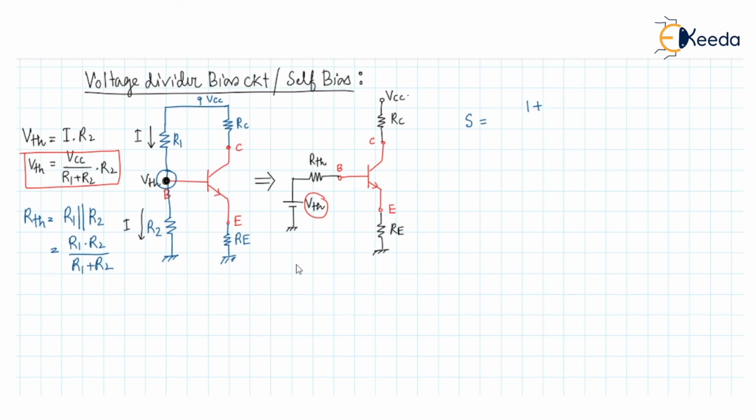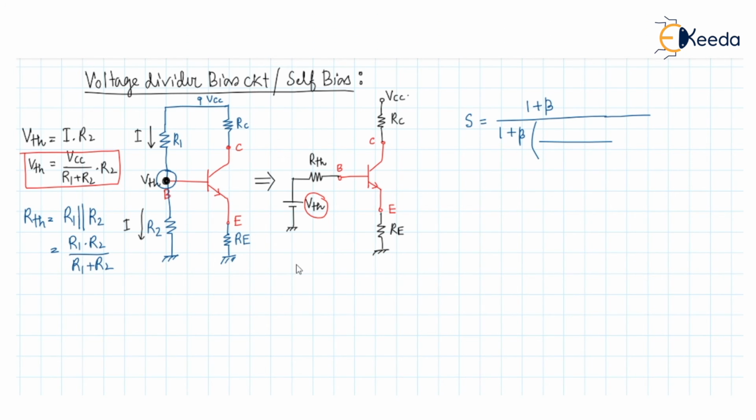In the numerator it was 1 plus beta, and in the denominator it was 1 plus beta, and now we have to find the sum of the resistors through which the IB current is flowing.